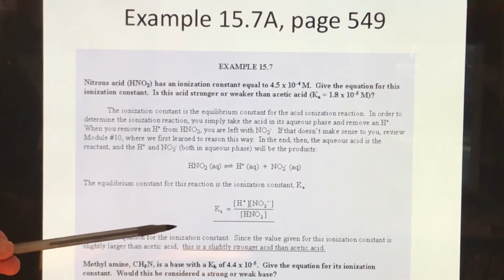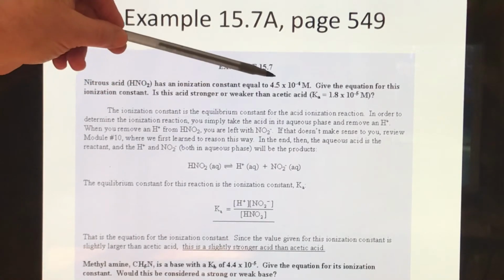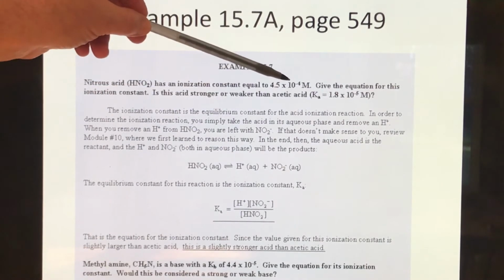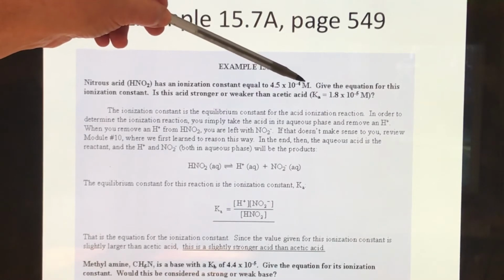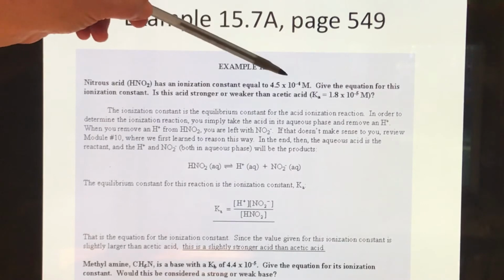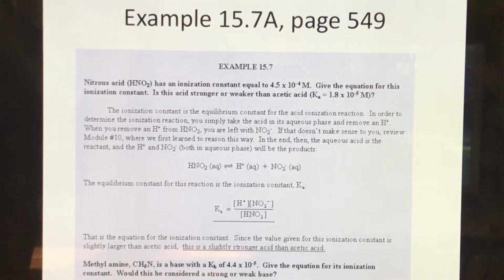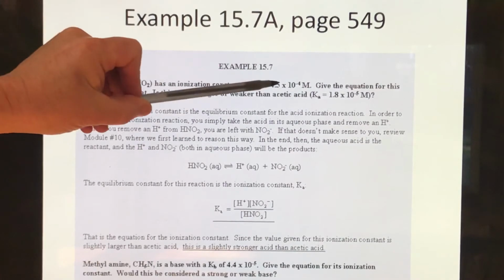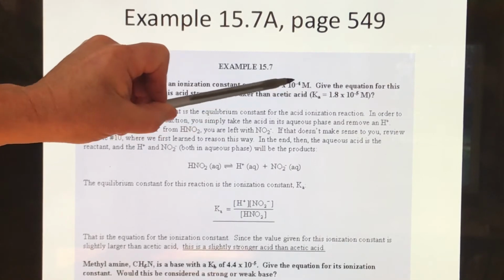Then if we have to compare it numerically, 4.5 times 10 to the minus fourth is actually a higher number, but that, in this case, it means it's a slightly stronger acid than acetic acid. So that's how they're just comparing these two numbers here.